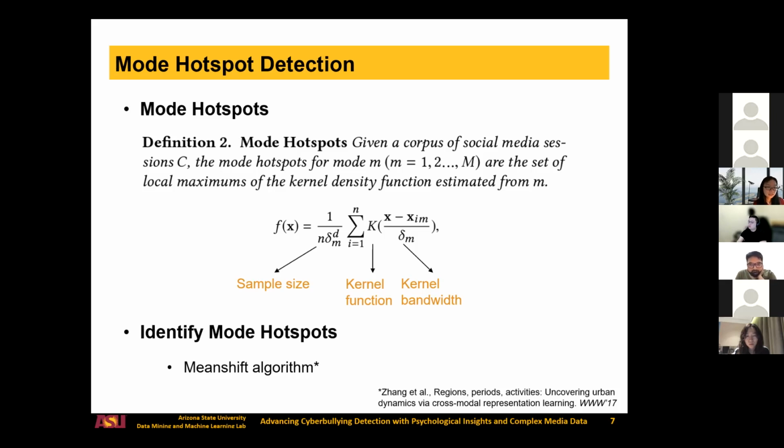And n is the sample size, meaning how many social media sessions we have. Then we can identify the mode hotspots using a mean shift algorithm, which is based on a previous work.